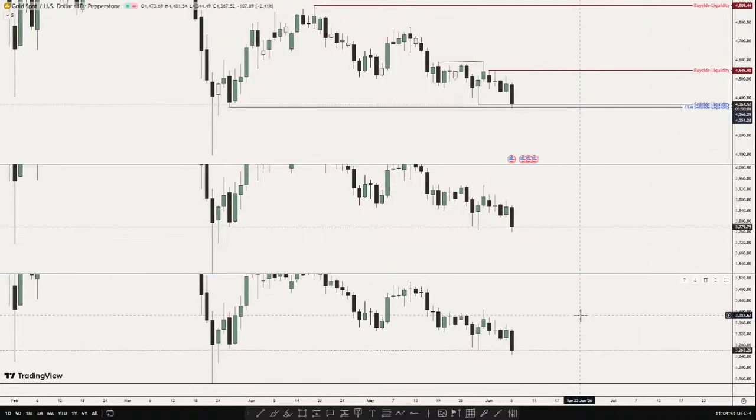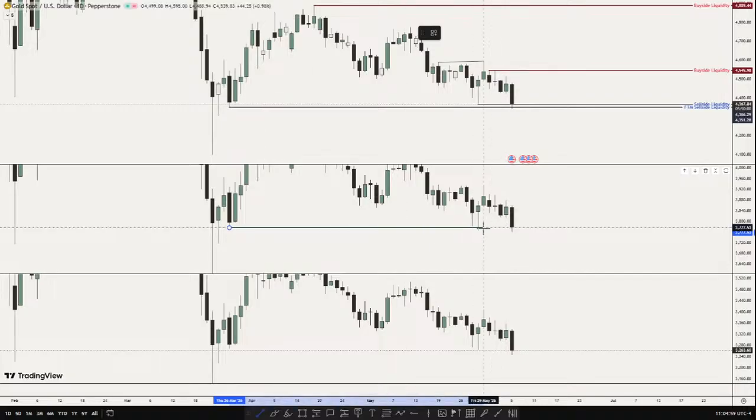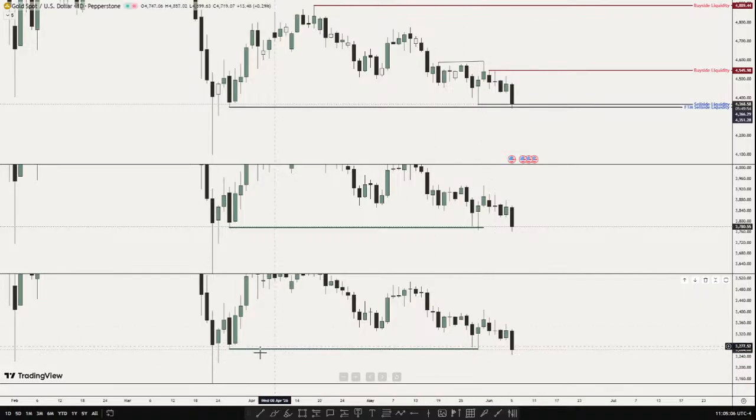You have to understand when an SMT will play out and when an SMT will not play out. If you observe here, this low on gold GBP and gold euro was taken out on 28th May, and on gold it was not taken on 28th May. So we had this low SMT with this low.